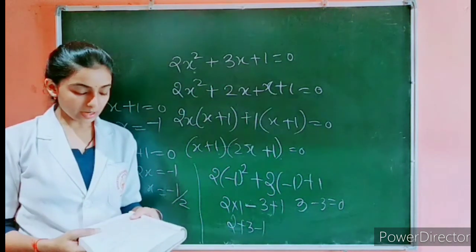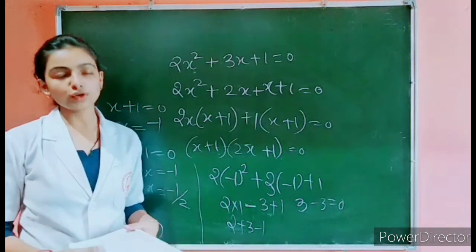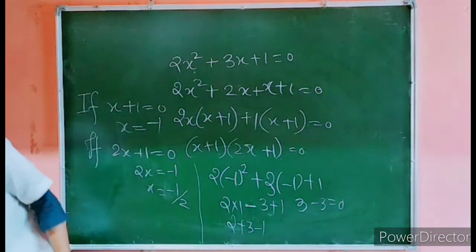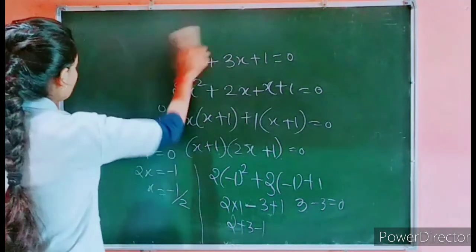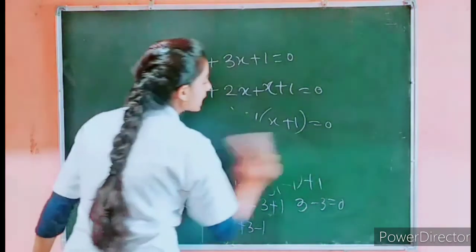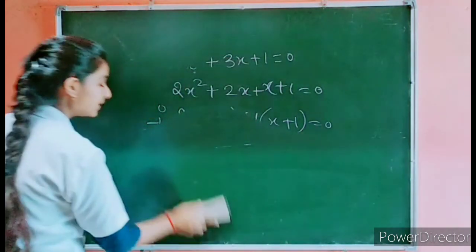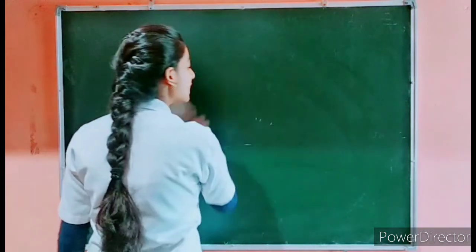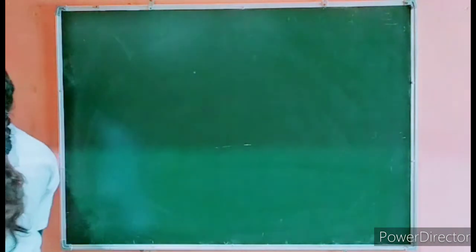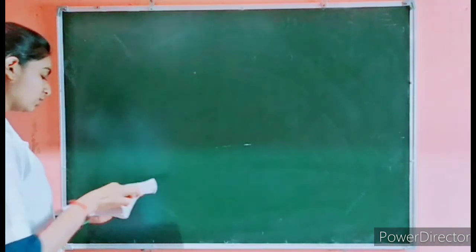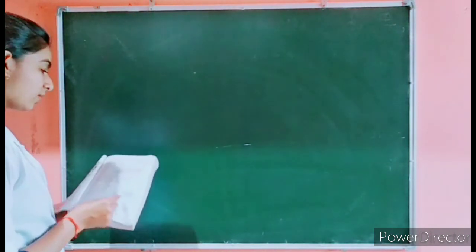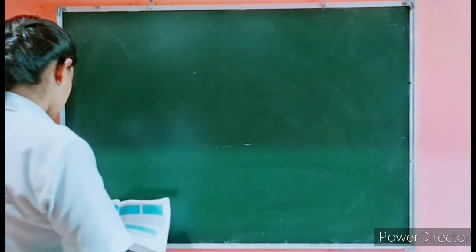First we will discuss the geometrical meaning of zeros of a polynomial. There are a number of graphs given in which the graph coincides with the x axis.